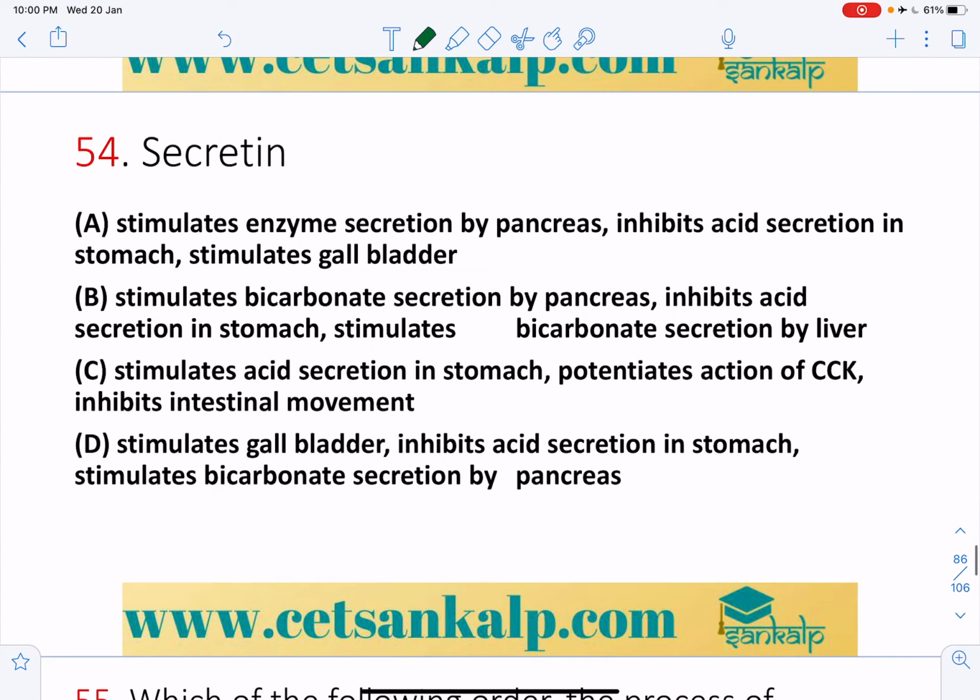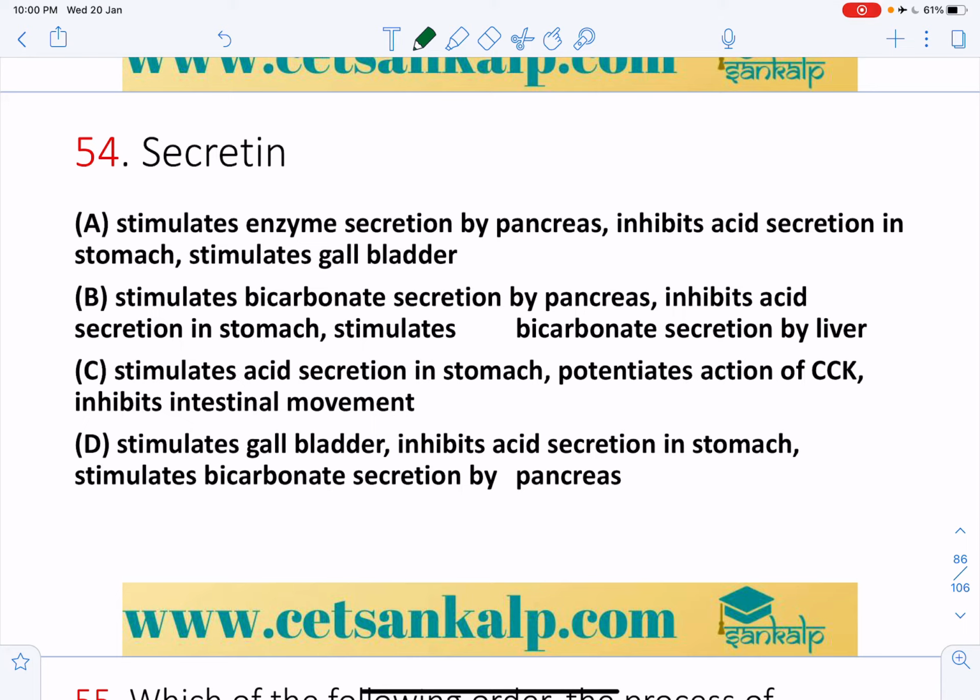Next, let us take some hormones. Some hormones are produced by the duodenum, some by the stomach, and also from other parts of the intestine.